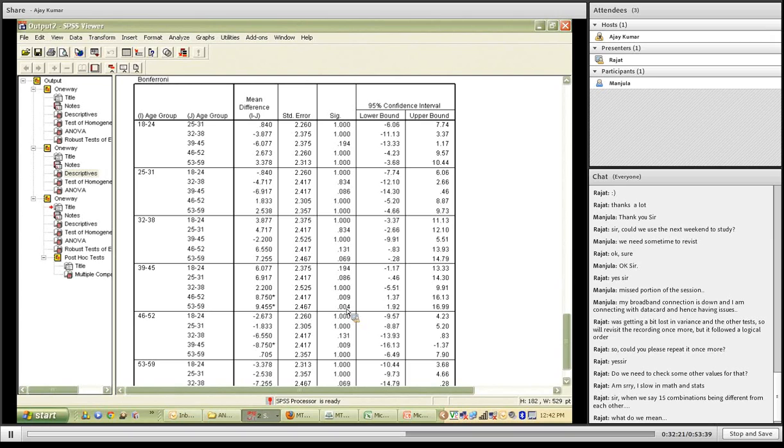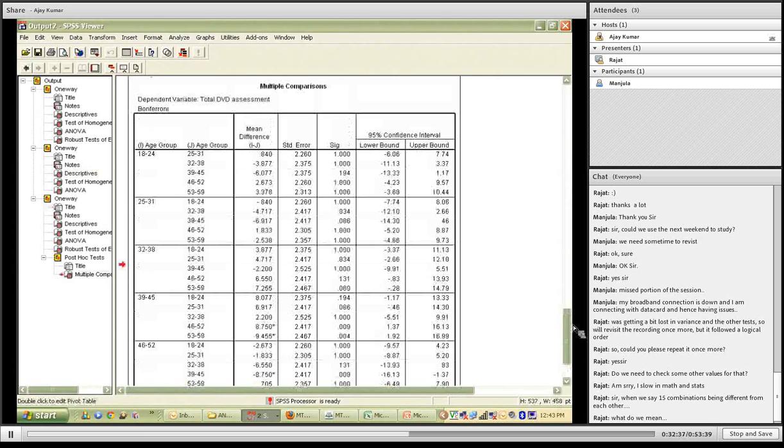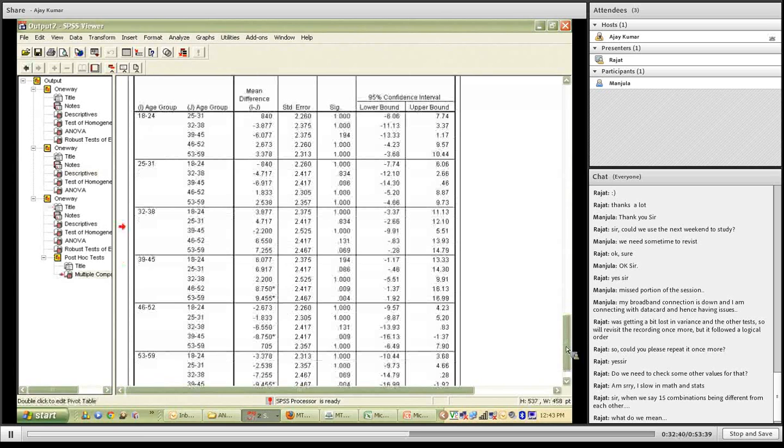Now whenever you encounter a significant difference, SPSS highlights it with an asterisk. You can see this star here. This is an asterisk. Wherever you look at this asterisk, it means that this is a significant difference. This is the beauty of it, in the sense that by application of the overall ANOVA, we were saying that all these groups are different from each other, but when we applied the post hoc test, we found that that was not true.